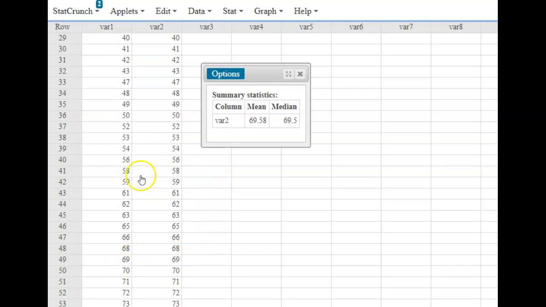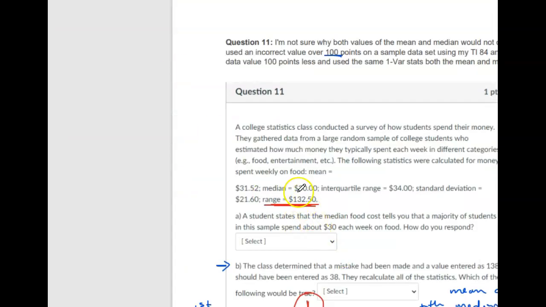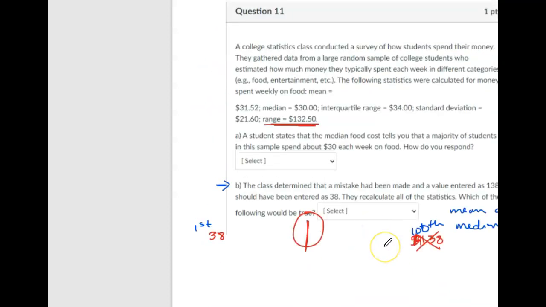But this is because my mean is too high here. So if we had the same data set where the mean is small, then the median is 30, then the 38 is going to, okay, I see.